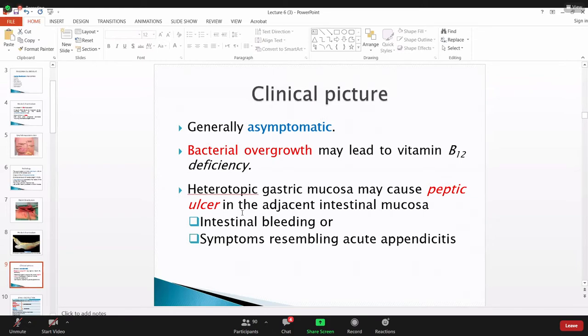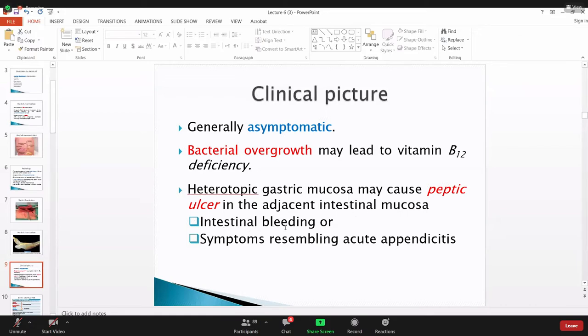As we said, it could have heterotopic gastric mucosa causing peptic ulceration, because the heterotopic gastric mucosa secretes gastric juices, so it might lead to ulceration of the adjacent small intestinal mucosa.